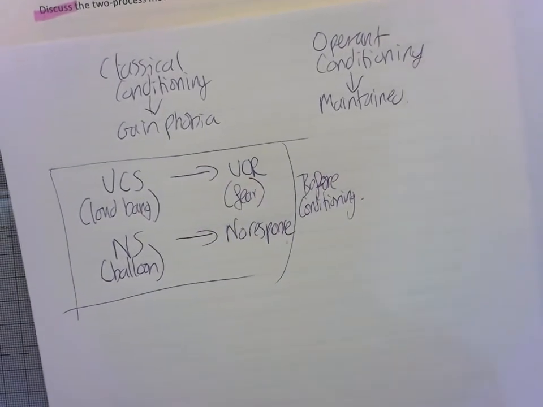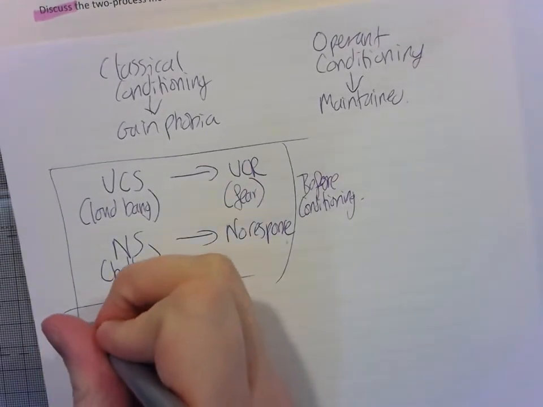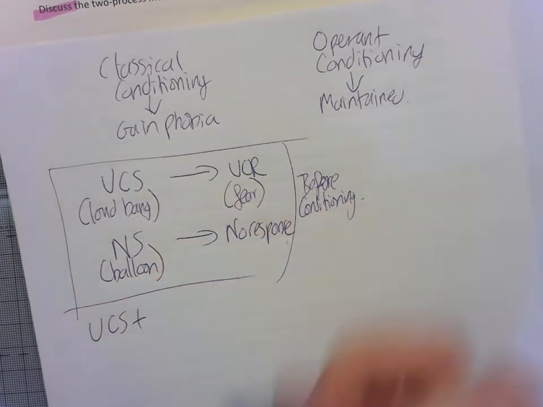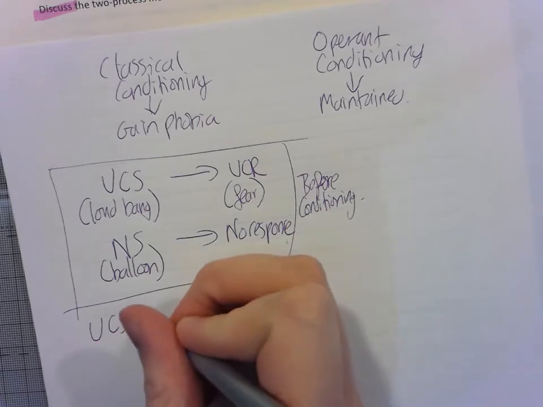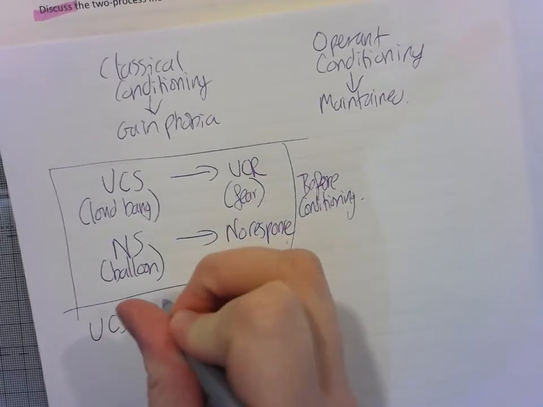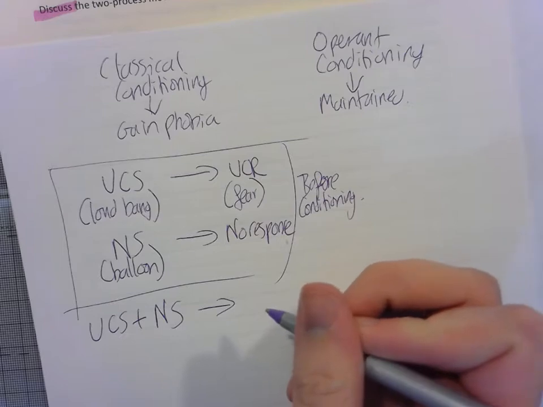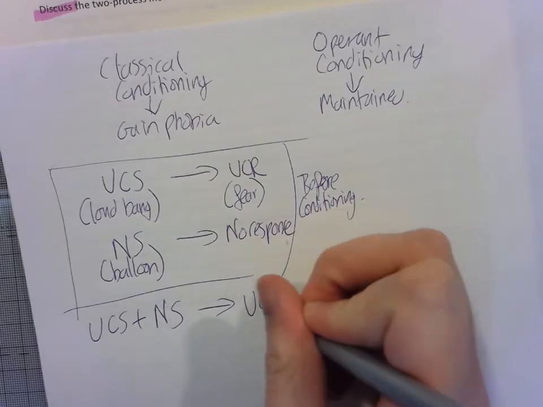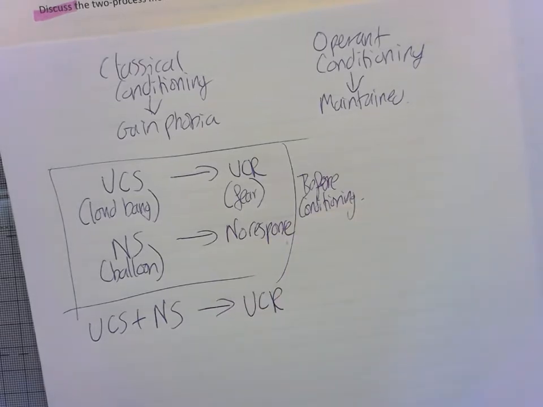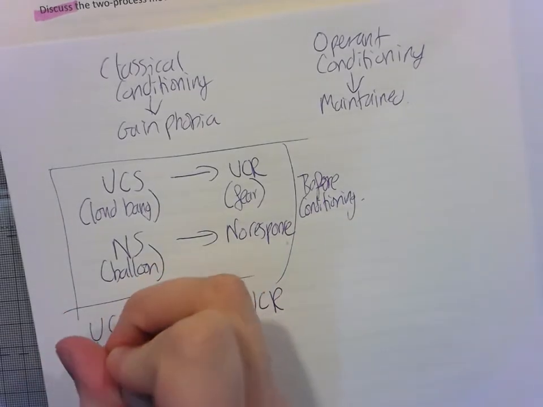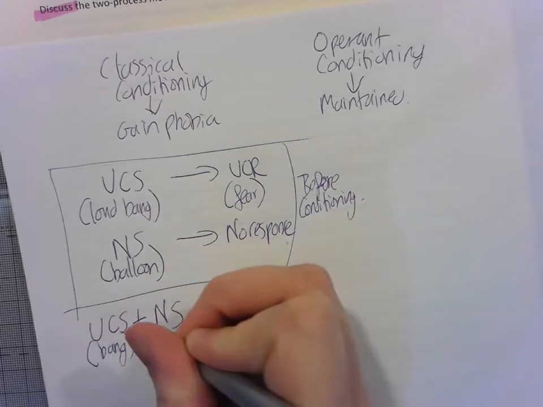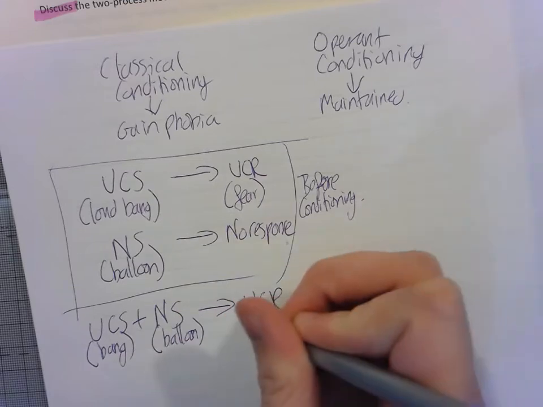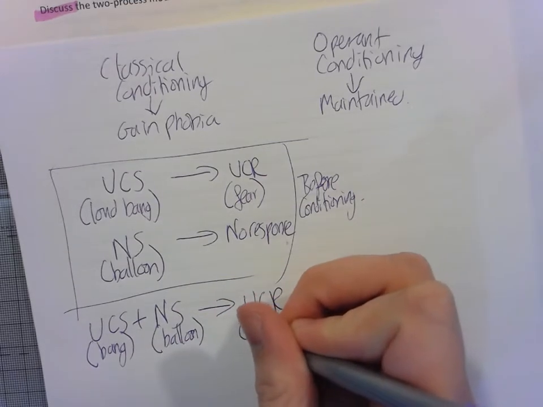Then during conditioning, our unconditioned stimulus is associated, and that's a key word, you need to use that term, associated. The unconditioned stimulus is associated with the neutral stimulus, which still causes an unconditioned response because it hasn't been learnt yet. And again, in this case, the UCS is the bang, the neutral stimulus is the balloon, and the unconditioned response is fear.